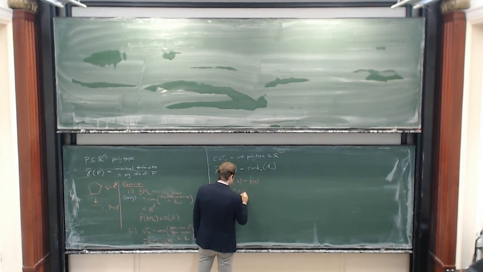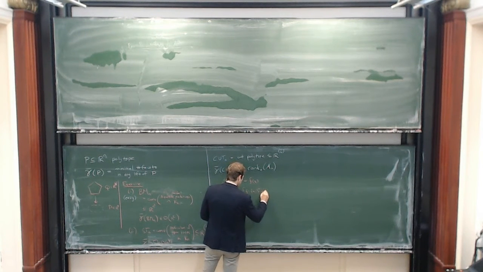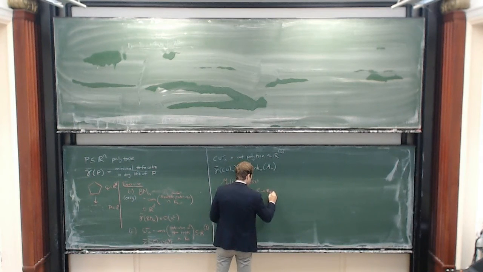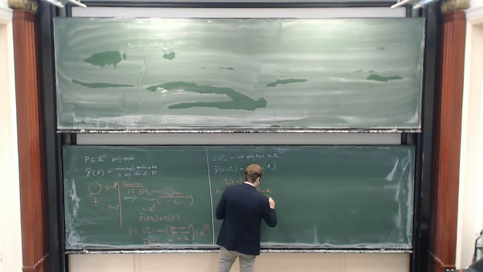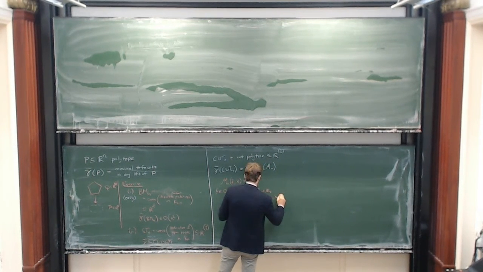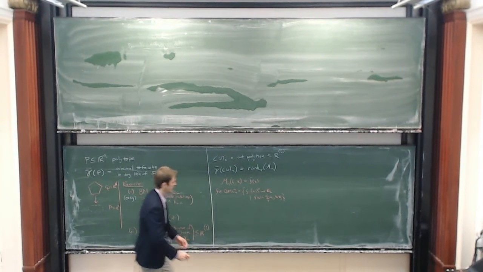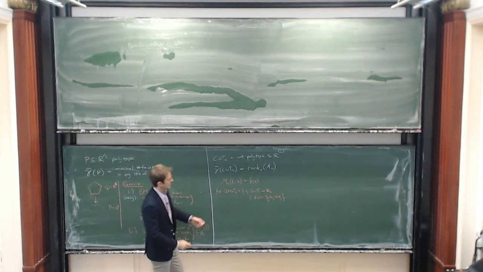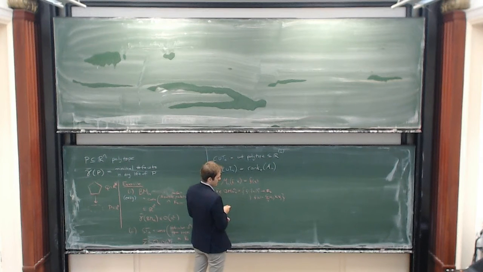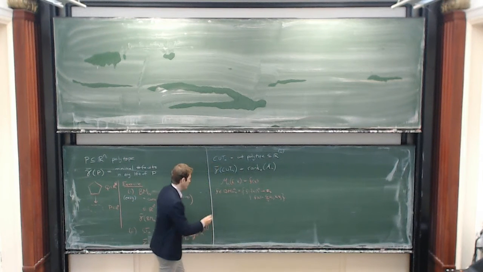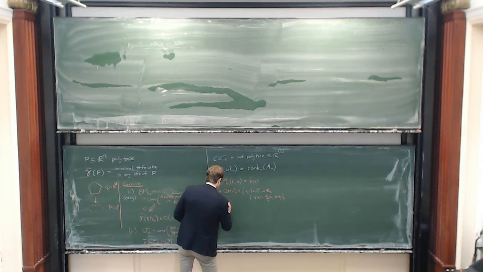So this family was the set of all non-negative functions on the cube which are quadratic, such that f of x is equal to the sum of aij xi xj for some coefficients aij. So this is the class of all non-negative quadratic functions on the cube, and then x is just an element of the discrete cube.